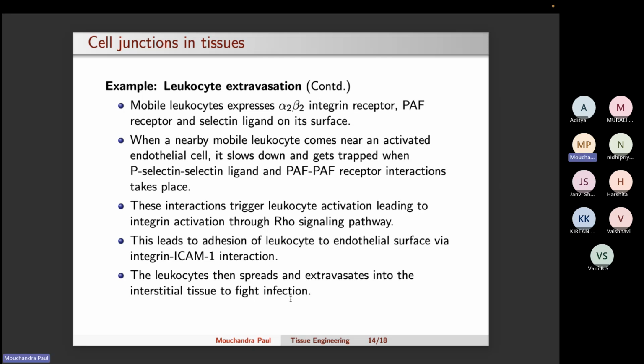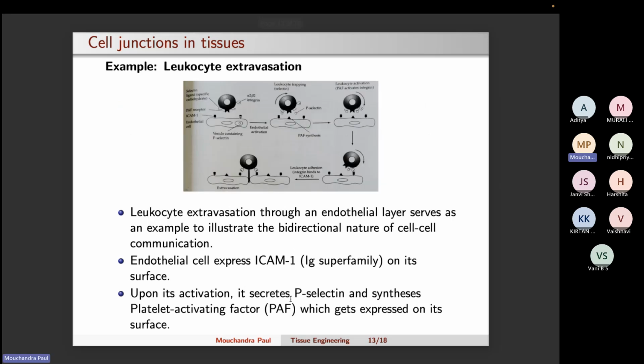So, is there any query in understanding these points, this process overall? It might sound confusing since you're studying for the first time, but it's not actually. You can see few classes of proteins interacting at different times, and because of which ultimately the leukocyte cell is able to move out of the blood vessel.